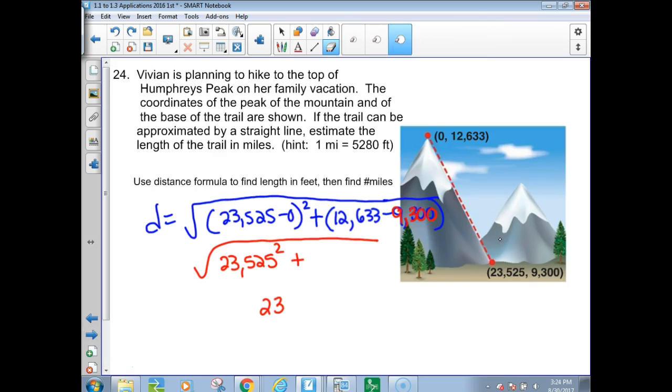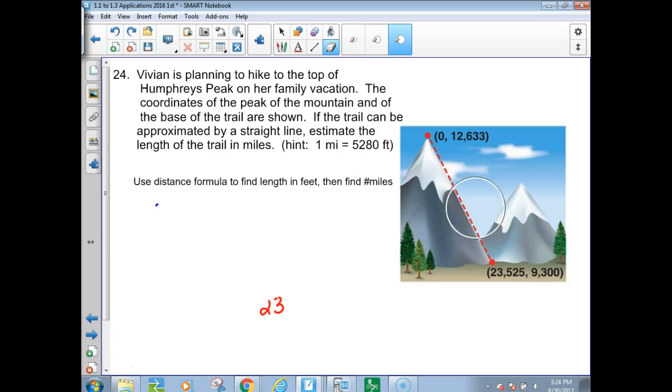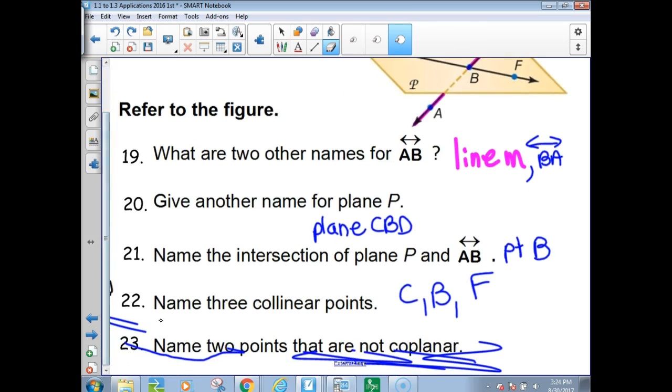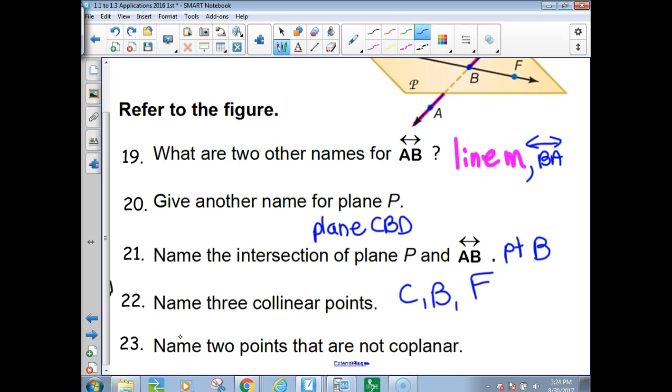I think I went over this one. Did I? Oh, no, I didn't. Whoopsie. I scribbled all over there. Name 2 points that are not coplanar. I scribbled it out because how can you name any points that aren't coplanar? You can't do it.